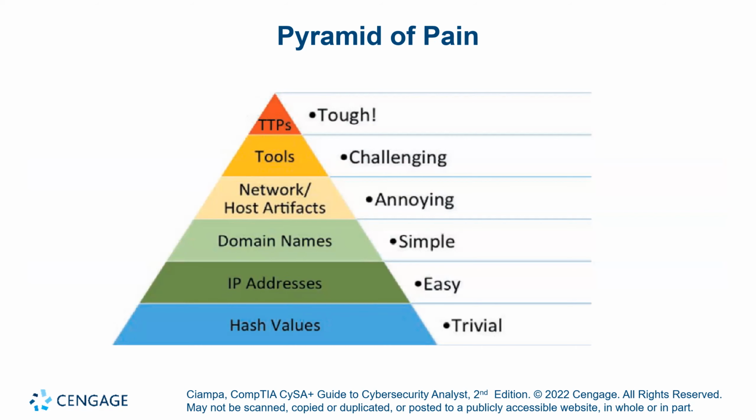So hash values. It's funny that they say trivial because those can be difficult, but in this pyramid, they're not as difficult as the rest of them are.